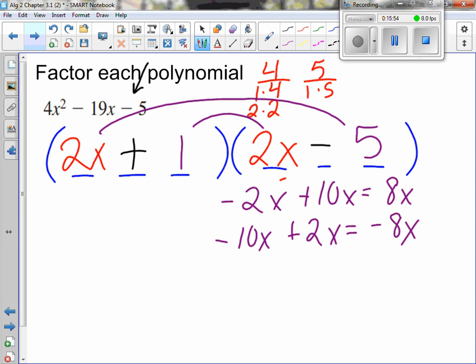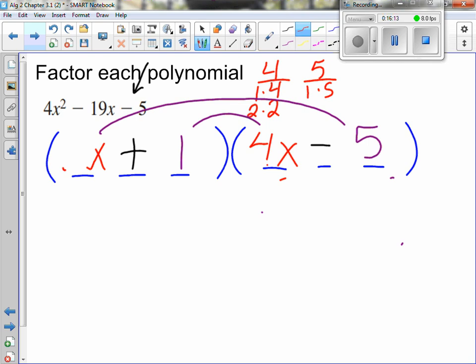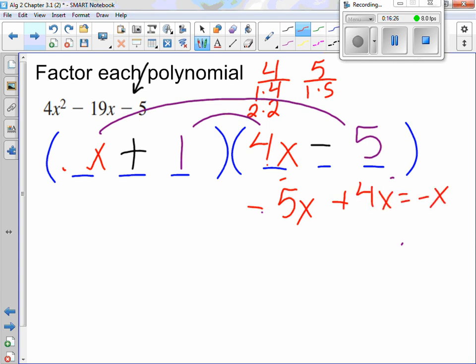But I can change the x's to 1 and 4. Well, x times negative 5 is negative 5x. 1 times 4x is plus 4x, and we get negative x.